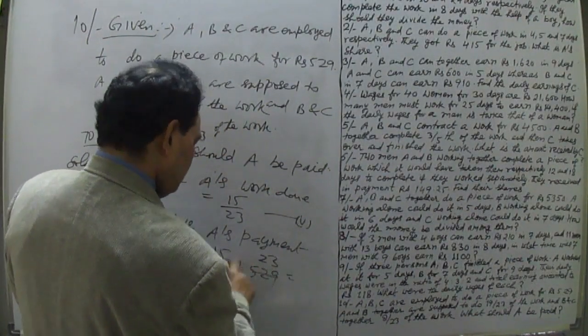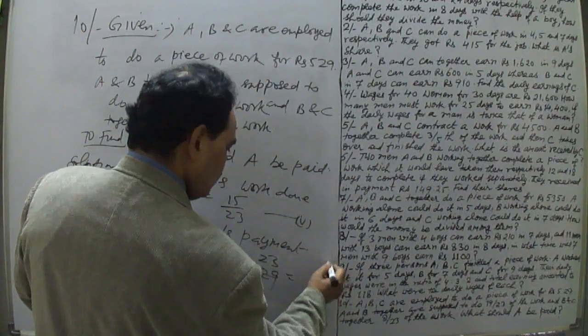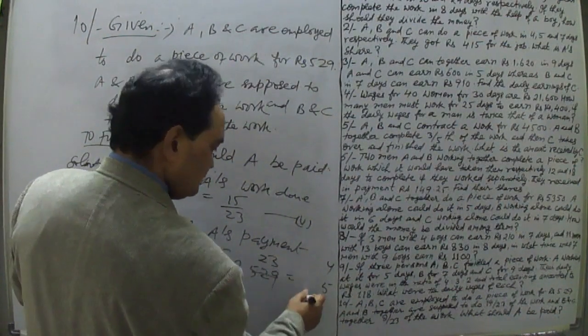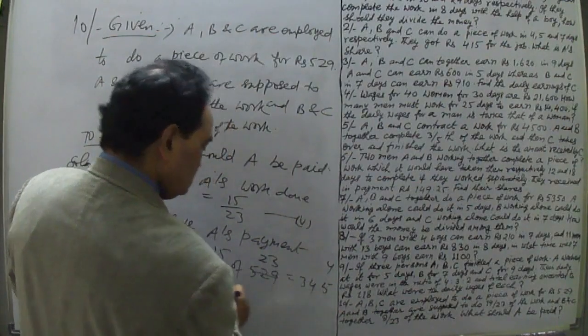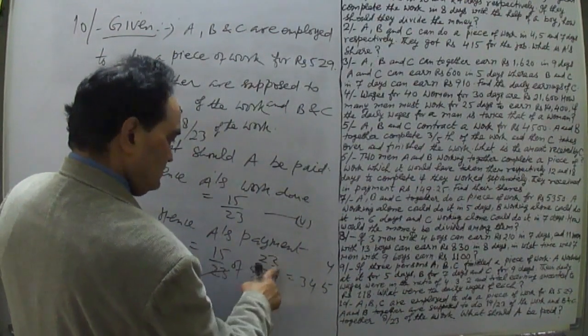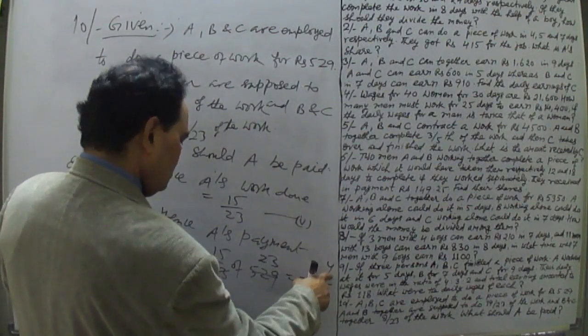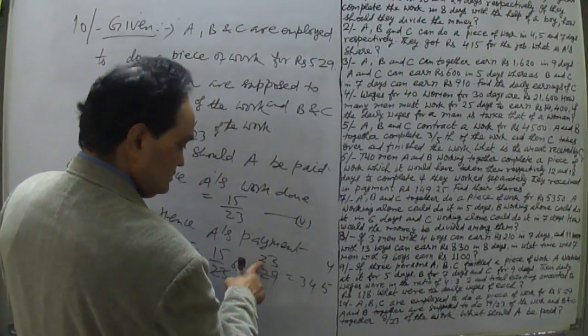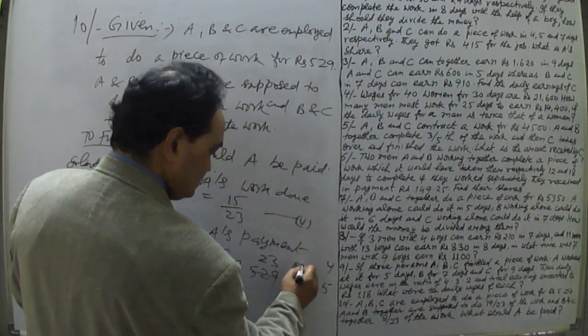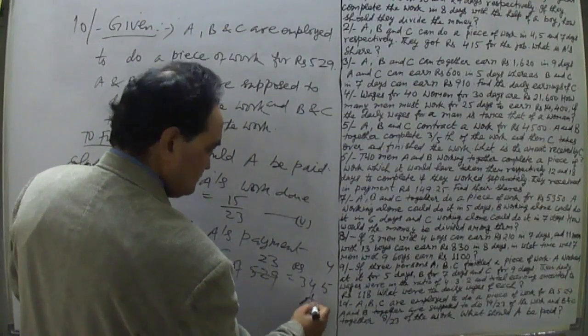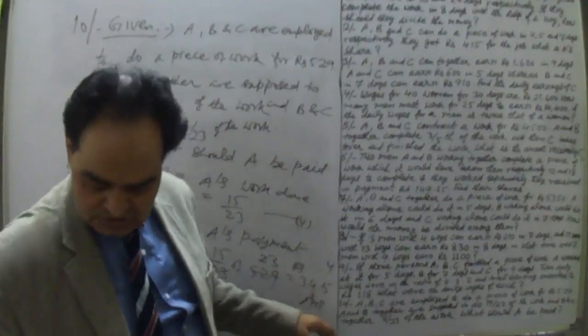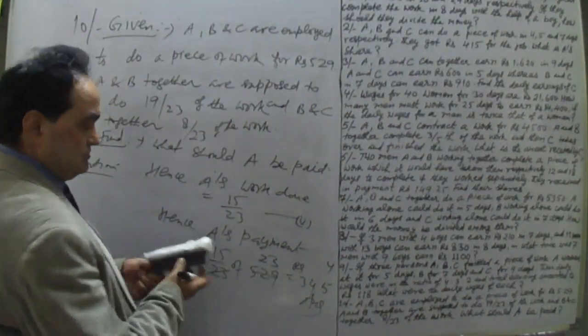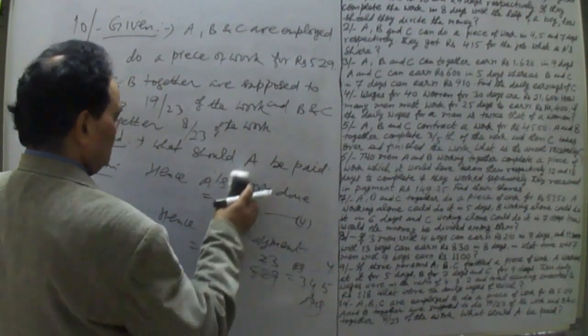So this will give us 15 times 3 is 45, 5 and 4 carry, 15 times 2 is 30, and 4 is 34, so 345 rupees. 345 is the answer. Hence A's payment is rupees 345.